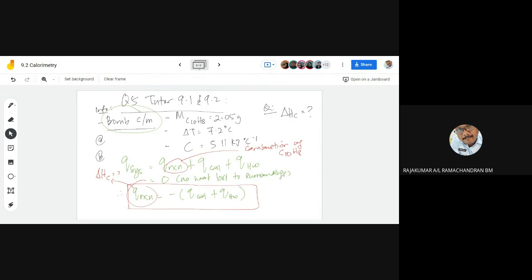So we have to check information yang ada kat kita. Ada tak apa-apa maklumat tentang calorimeter? Kita tengok dekat info. Yes, ada kat sini dia bagi heat capacity untuk calorimeter. So ada info. Maksudnya Q calorimeter kita boleh kira lah sebab ada info heat capacity of calorimeter.